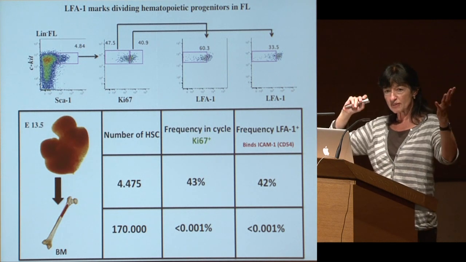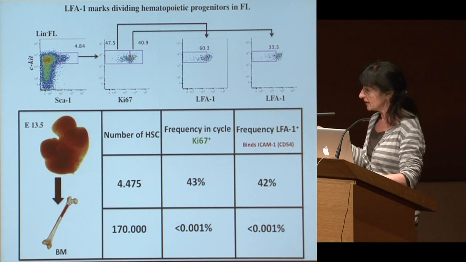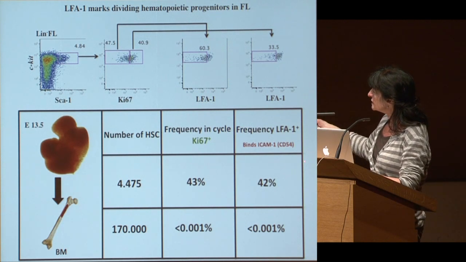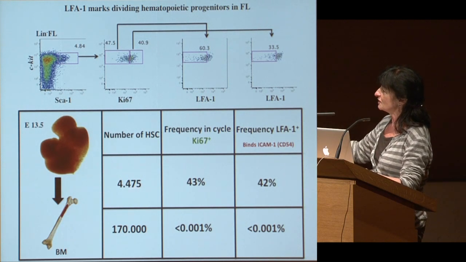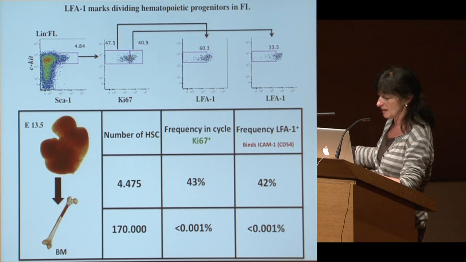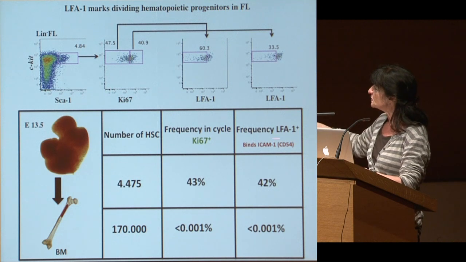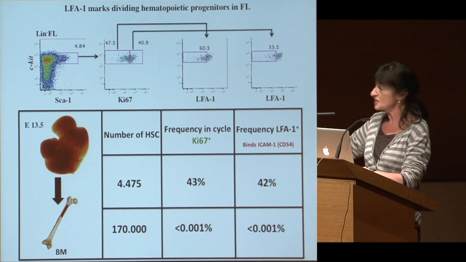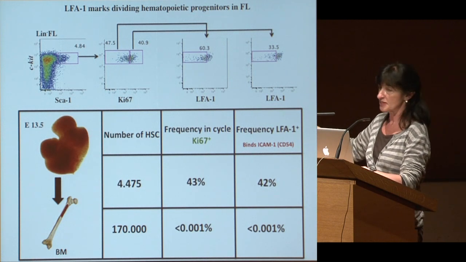So there was a correlation between LFA1 and Ki67. This is a calculation of the total numbers of HSCs in a mouse, how many of them are Ki67 positive, and how many are LFA1 positive, and there are none in the adult bone marrow. So we decided to go into the fetal liver and ask a very simple question: can we find cells that express ICAM1?